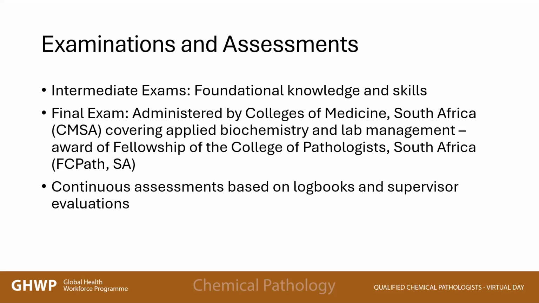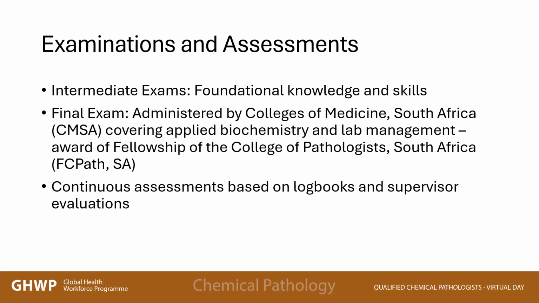And then we have examinations and assessments. You have an intermediate exam, which we call the part one, which is basically foundational knowledge, and then the exit exam, which is the final exam. The body that administers that is the Colleges of Medicine of South Africa. Upon successful completion of the exam, the candidate is awarded the fellowship of the College of Pathologists. The College of Pathologists is a sub-college of the Colleges of Medicine, so it's different from the UK structure where you have an independent College of Pathologists.